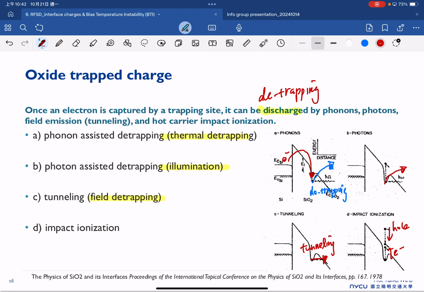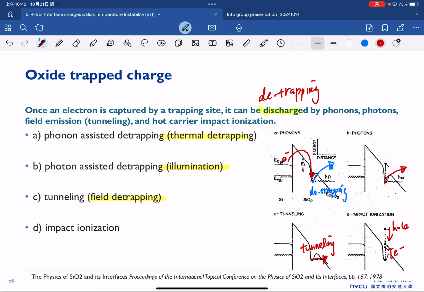So again, if you try to think about the physics mechanism behind these four, it should not be very complicated. The first one is related to thermal: once you heat up your device, for sure your carrier will gain additional energy, so you can have thermal detrapping.